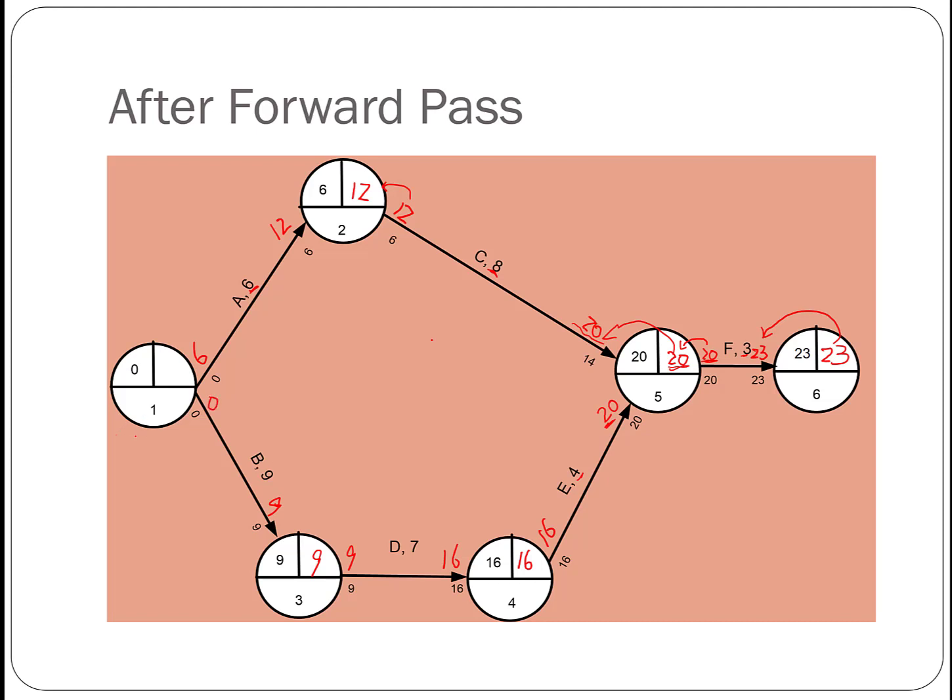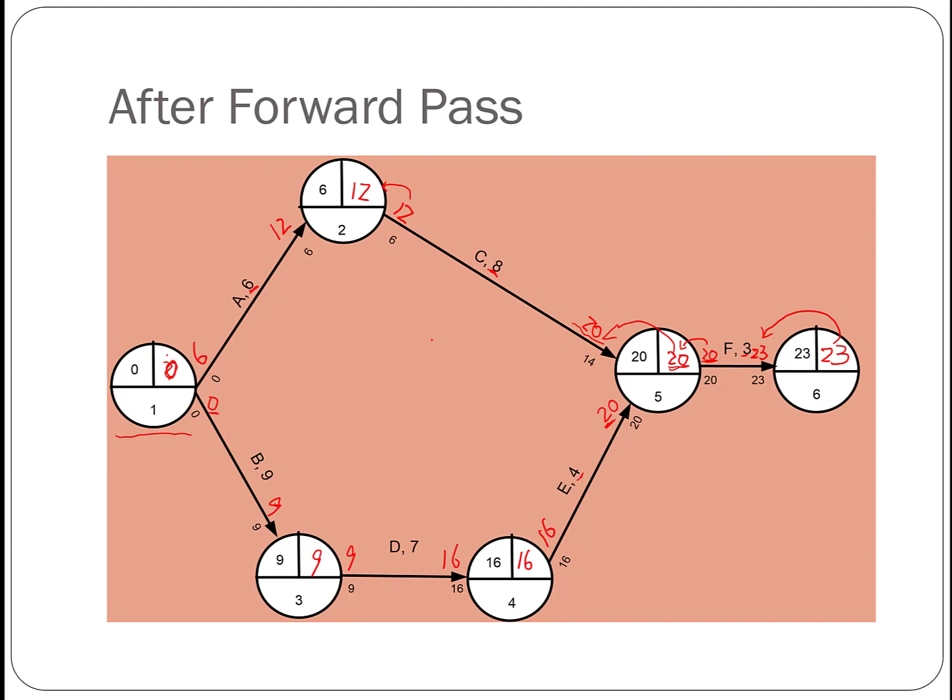So now when we come to this node, what number should we put here? That relates to what we just talked about. We have 2 activities coming out of this node. And what is the latest date of this node? We need to take the smaller value, which is 0.